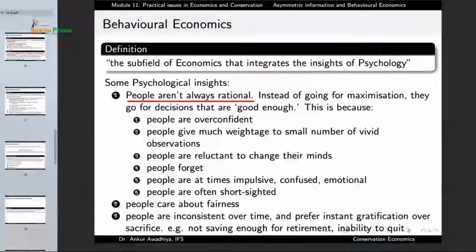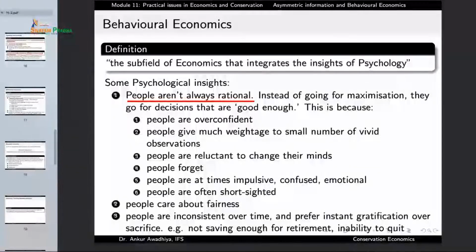Or at times, people take decisions when they are in anger, when they are feeling depressed. Now, in all these different situations, people might not be in the best state to do a rational computation. People at times are impulsive, confused. When they are confused, they might not take the rational decisions.